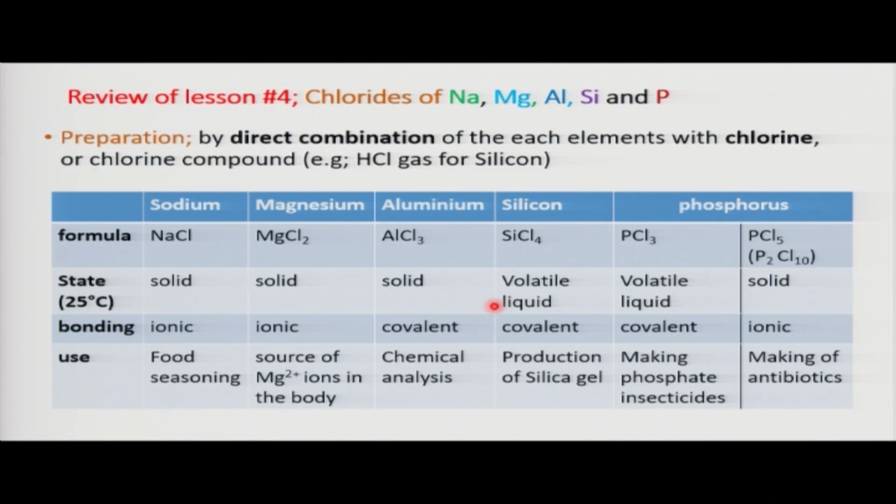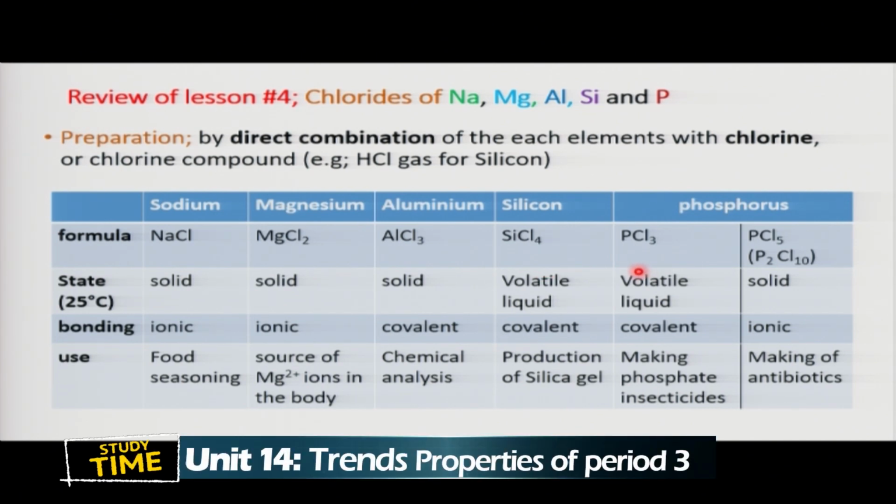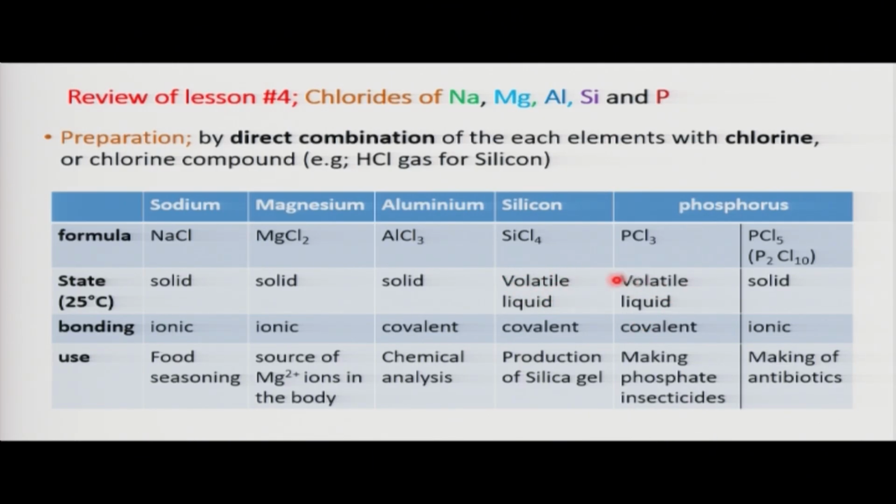These exist as solids, whereas silicon tetrachloride and phosphorus trichloride exist as volatile liquids because of the weaker forces of attraction in them. Then phosphorus pentachloride exists as a solid because of that anomalous behavior. We looked at it, and basically the formula is normally written as P2Cl10.